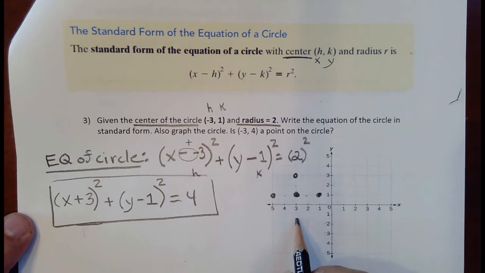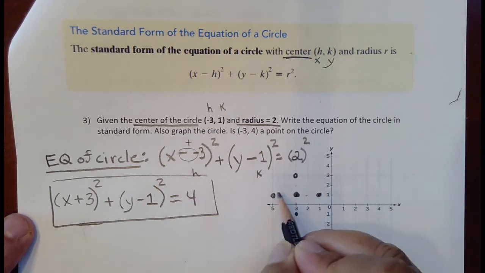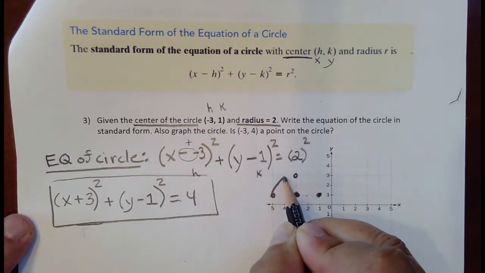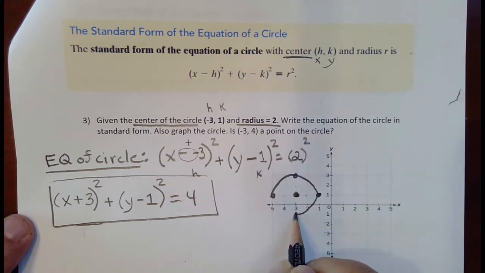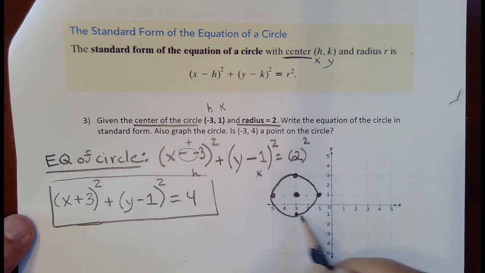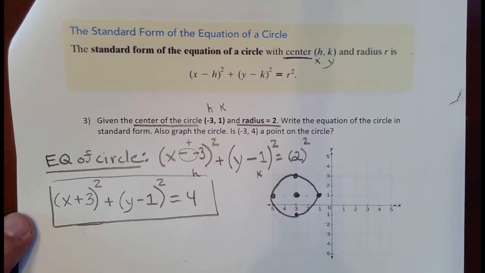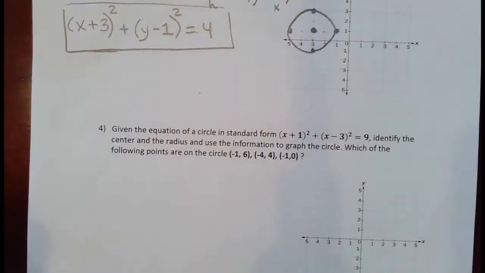Okay, and problem number 4, it says, given the equation, and let's see if there was any more questions here. I think I missed one question. Also graph the circle. Oh, there was this question. Is -3, 4 a point on the circle? If you don't understand what that means, that just means on the outer rim of the circle.